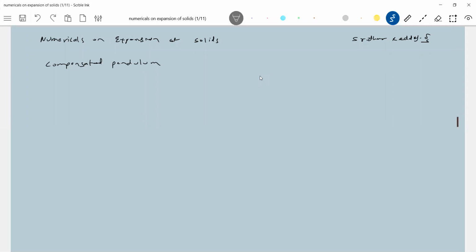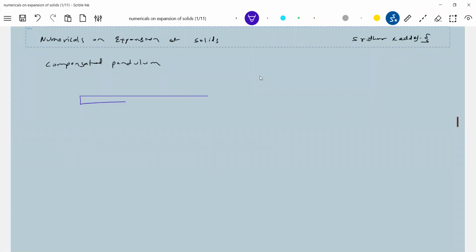It consists of two light rods. Wait, I'll bring a triangle.